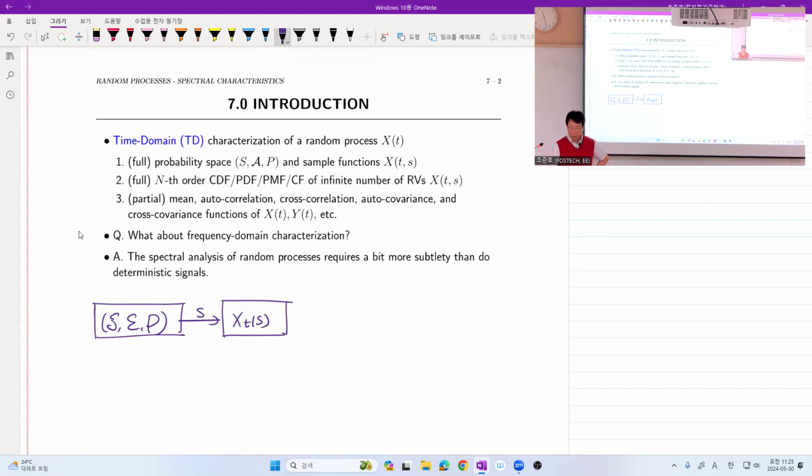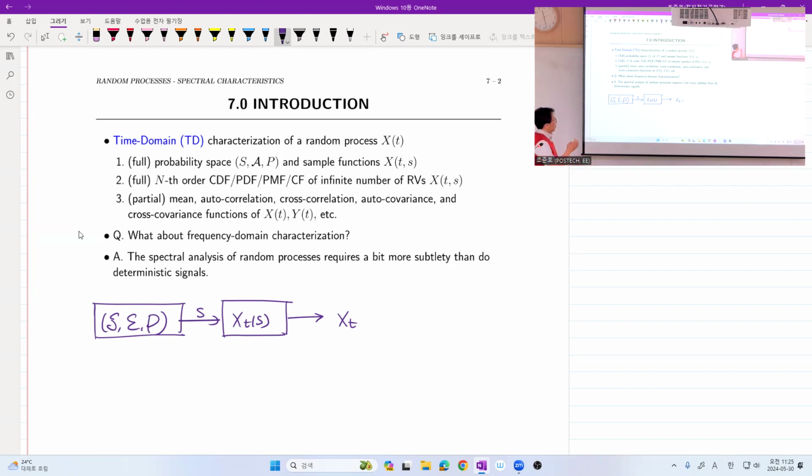One is S, and the other is time index t. Time index t could be an element of the continuum of real numbers, for example, or an element of the natural numbers or integers. But anyway, we simply denote the output of this random process as x of t, right?